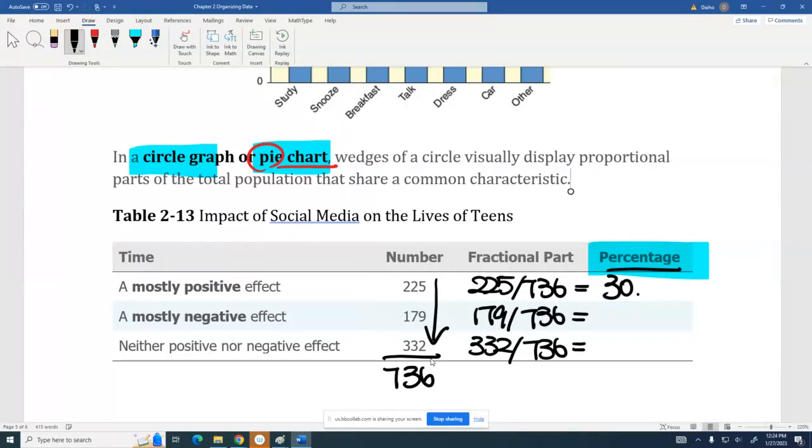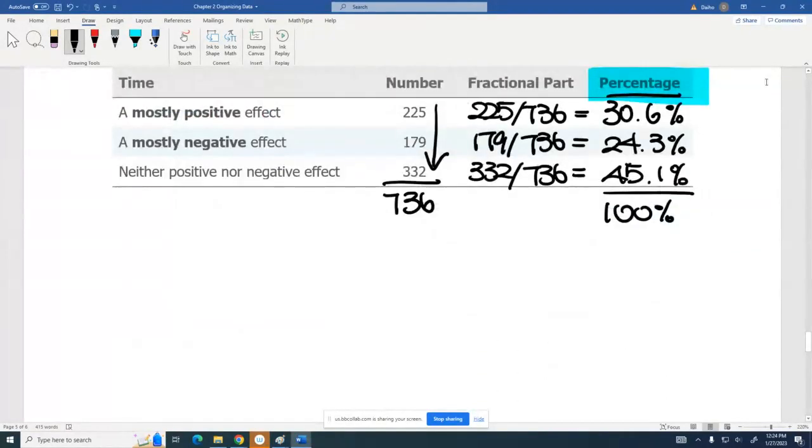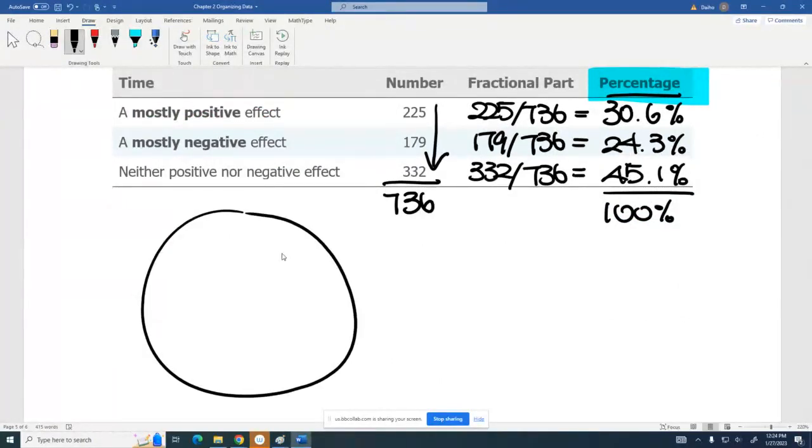I have 30.6%. The next one is 24.3%. And the last one will be 45.1%. How much will be the sum of the percentages? Must be 100%, yes.